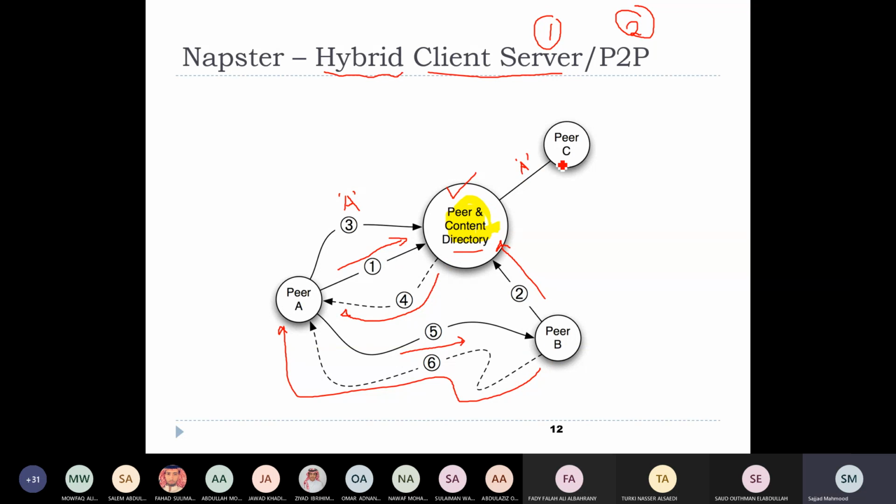But for C to search, they will not directly be able to search, because they don't connect to each other for searching. No, they're always going to search through the peer content directory, and the directory will decide based on its own protocol, like who is more available or busy at the moment, and so on and so forth. Then accordingly, the IP address of a specific peer will be given to it, and then they will establish a direct connection between themselves.